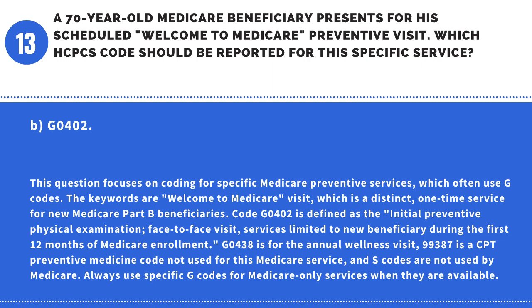G0438 is for the annual wellness visit. 99387 is a CPT preventive medicine code not used for this Medicare service, and S codes are not used by Medicare. Always use specific G codes for Medicare-only services when they are available.